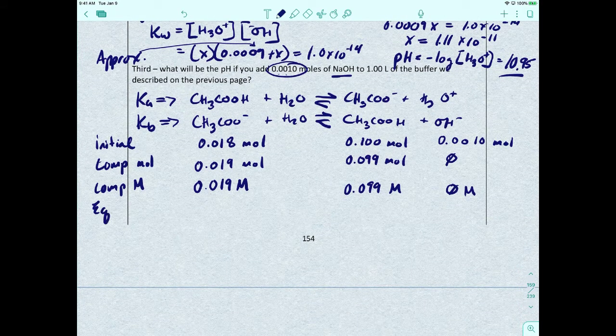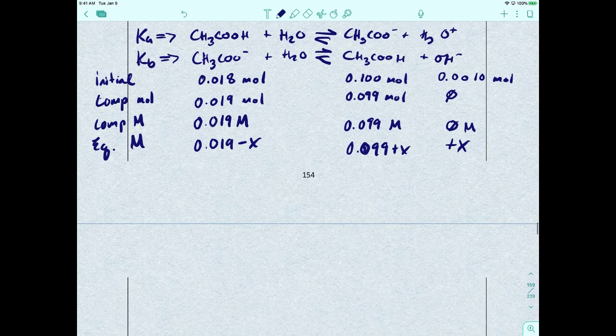So that way, at equilibrium, the concentration of acetate ion would be 0.019 minus X. The concentration of acetic acid would be 0.099 plus X. And the concentration of hydroxide ion would also be plus X. All right, so we need to get a Kb value for this.